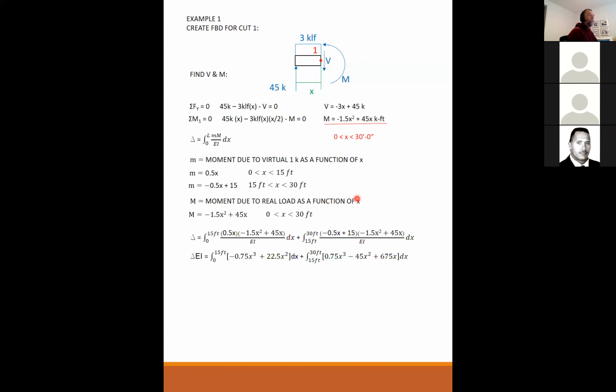The question was, what if the point load was not right in the middle? What if you don't have a symmetric situation? My answer was, then you'd have to do the double integral for the portion on the left and again for the portion on the right. It would look more like this. That's how you would accomplish that.